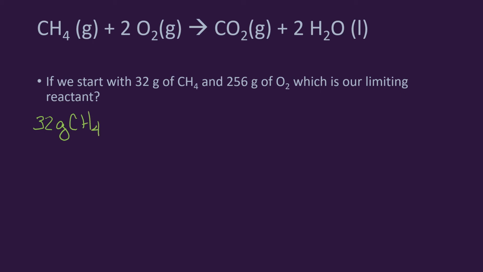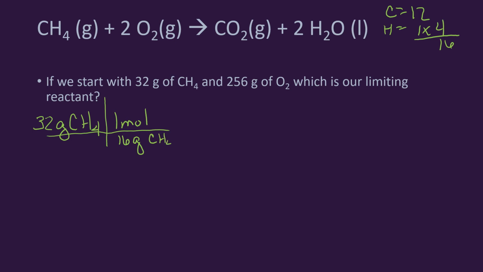Carbon is 12, hydrogen is 1 times 4, so CH4 should have a molar mass of 16. So 1 mole of CH4 equals 16 grams of CH4, so this would be 2 moles of CH4.